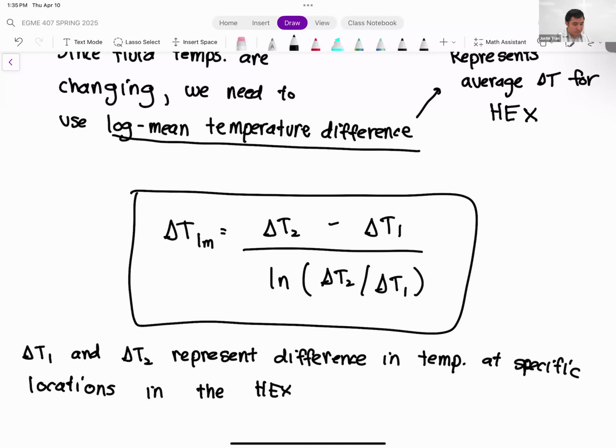So what you plug in for delta T1, delta T2 is going to change depending on if you have a counterflow or a parallel flow heat exchanger. But I think it's a little bit easier to define it in terms of where the specific location is. So what do I mean by that?